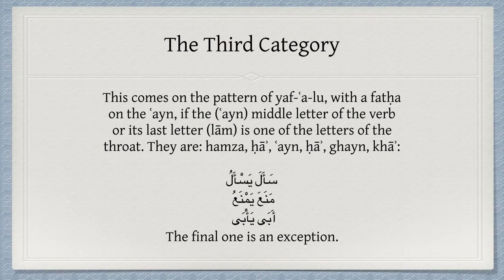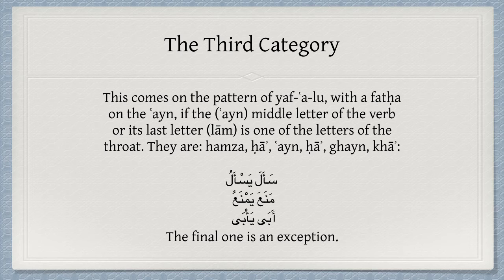So now if we have one of these 6 letters of the throat as the Ain or the Lam letter, and the category is fa'ala yaf'alu, right? It's category 3 automatically. Now it doesn't mean that every word which has a throat letter as the Ain and the Lam is of category 3, because it's not the case, right?